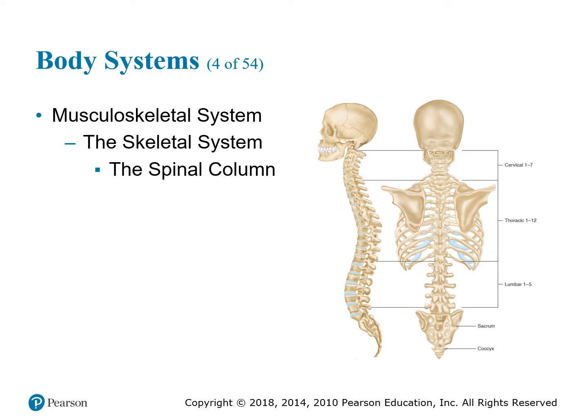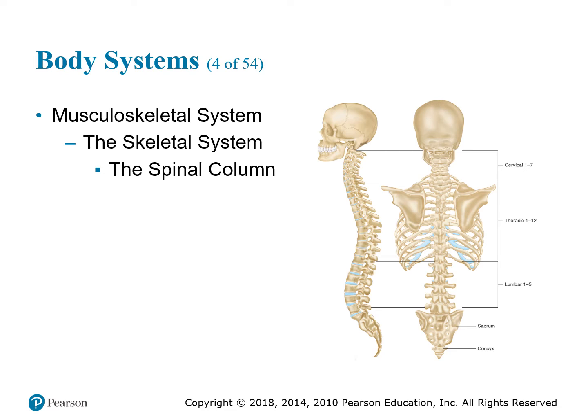Now we have the spinal column. The spinal column is what houses our spinal cord. For purposes of this class, you need to know that the spinal column houses the cord, and you need to know how many vertebrae, each individual bone, there are in each section of the spine. So we have 7 cervical vertebrae.